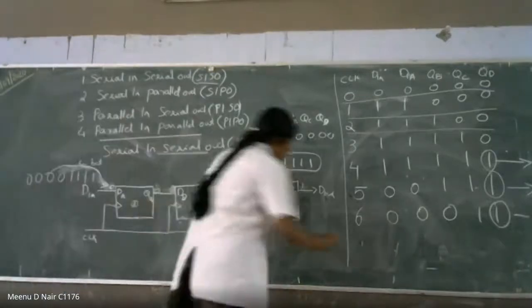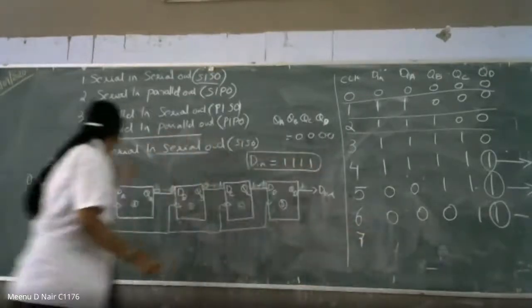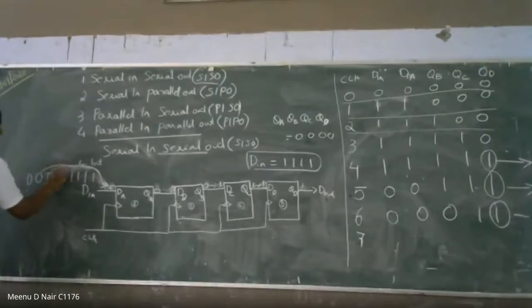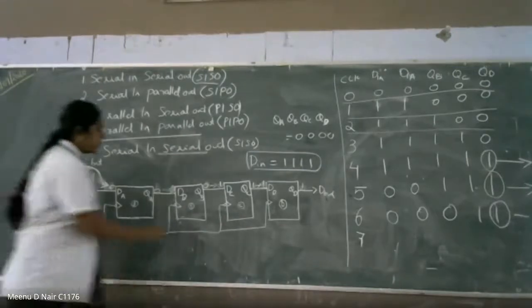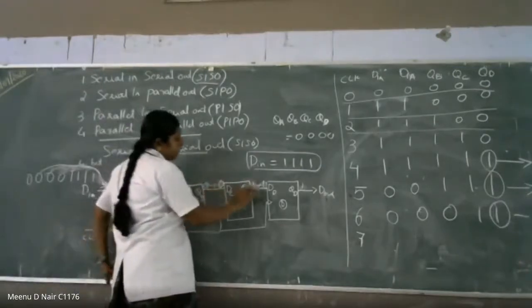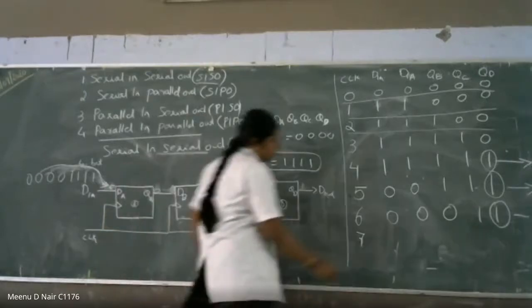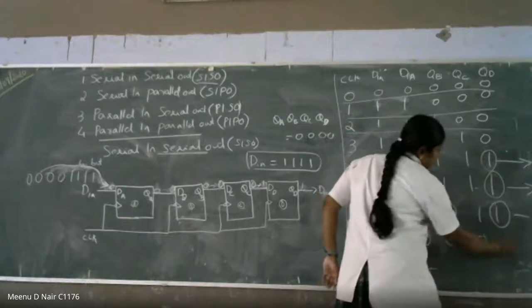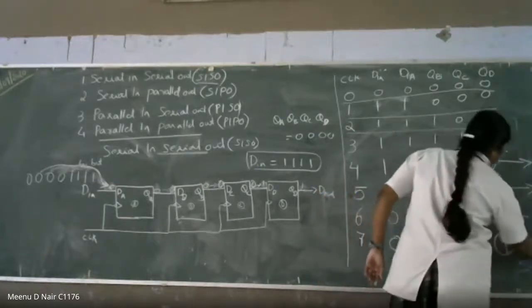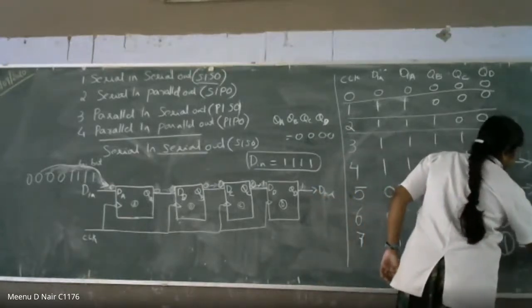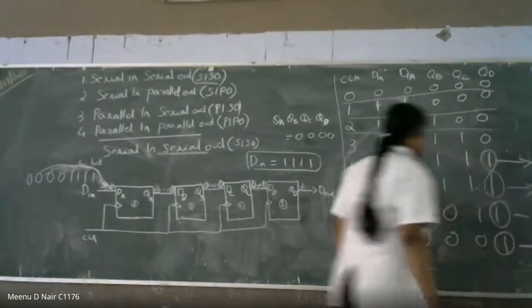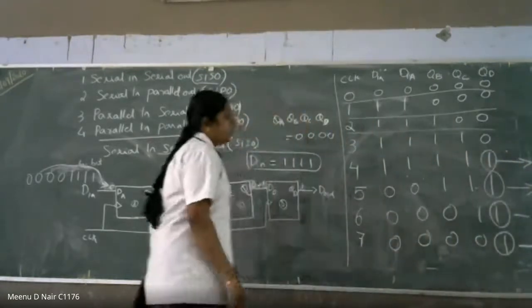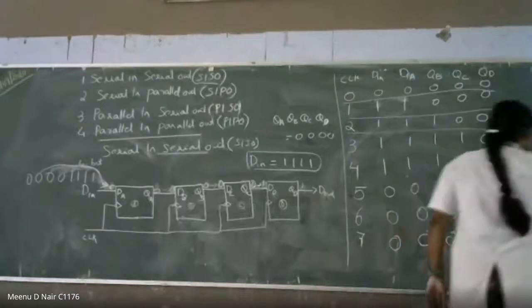Then again you are giving the seventh clock pulse. So this becomes 0. This is also 0. Then what about the output? 0, 0, 0, 0, 1. This is your fourth one. Now, this is the answer.